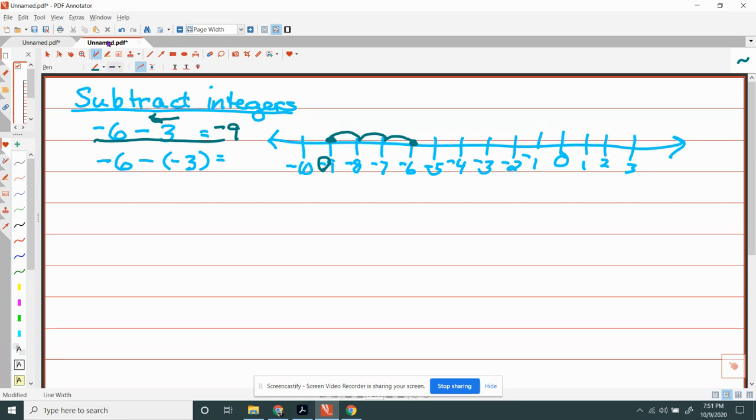So what about this? This -6 minus a -3. This is a really special case. So here we have -6 minus -3. Well, basically these will negate each other. It's kind of like saying, if I have something you want, let's say you want my $100 bill.